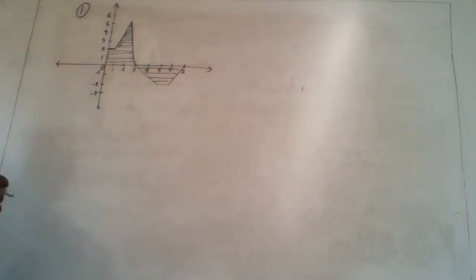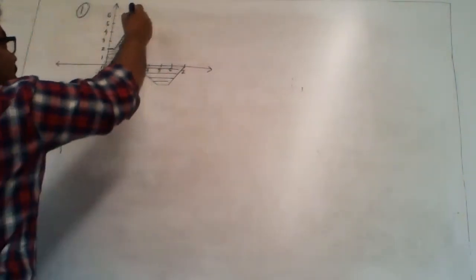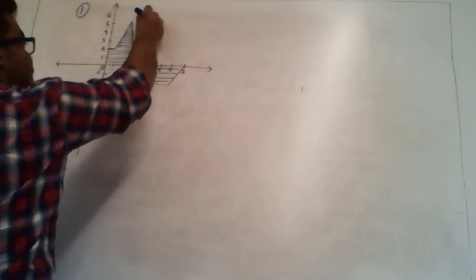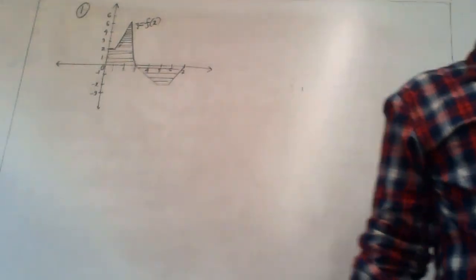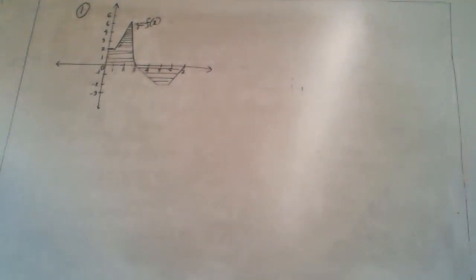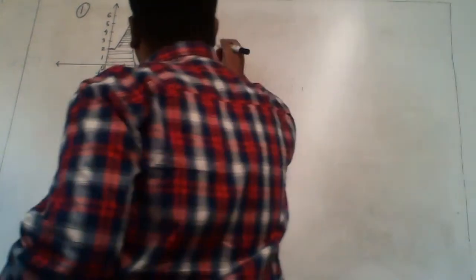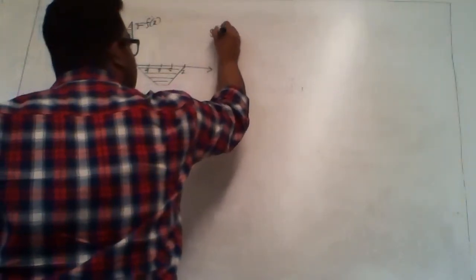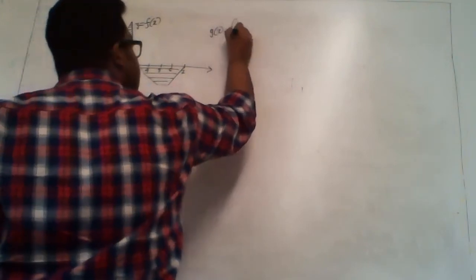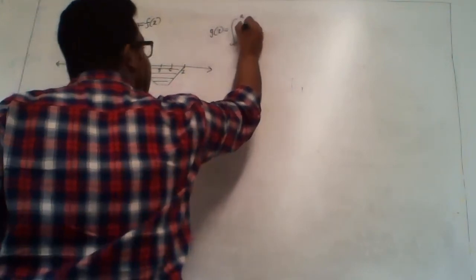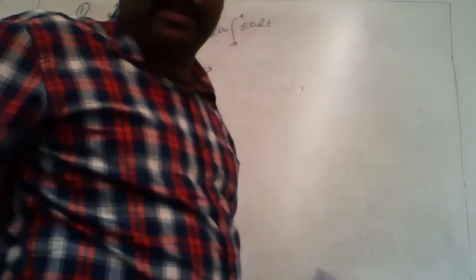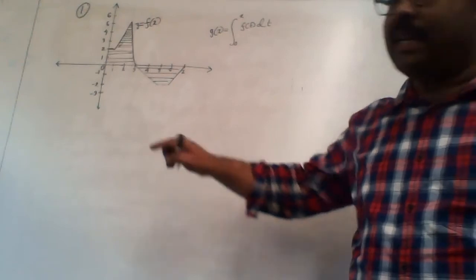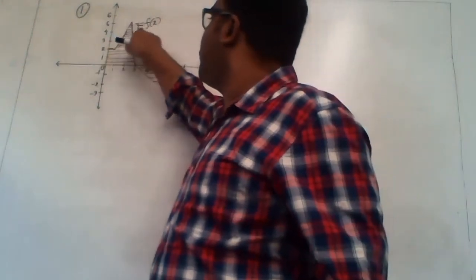So this is the graph of a given function y = f(x), right? And we define g(x) as the integral from 0 to x of f(t) dt, right? So this is my function.